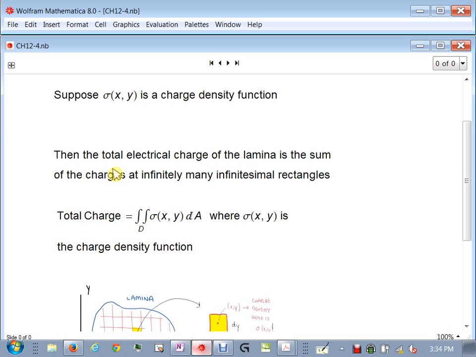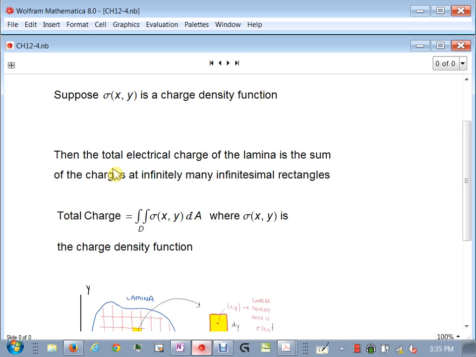If it's just the height, then we're talking about the volume under a solid. If that height is a mass density, then it's going to represent the total mass of this thing down here. If that's the charge density, then it's going to give you the total charge down there. Whatever that is depends on what class you're in, what you're studying. But it's all the same double integral.